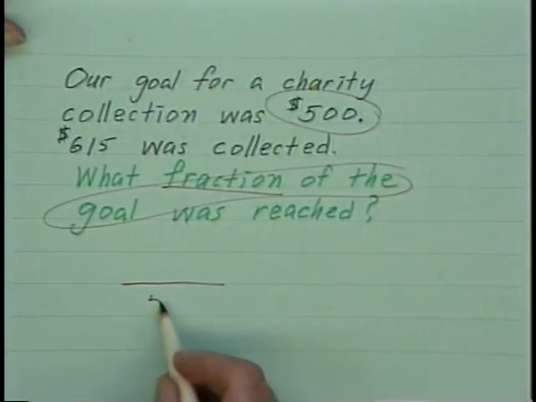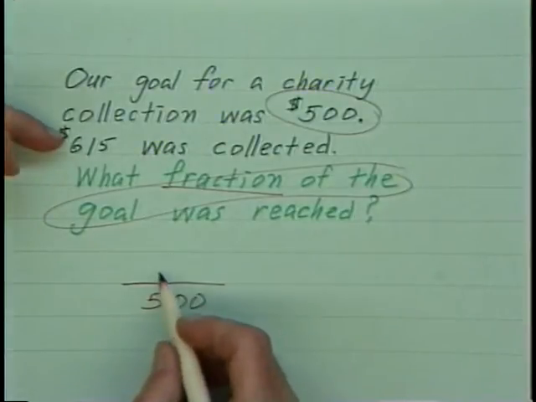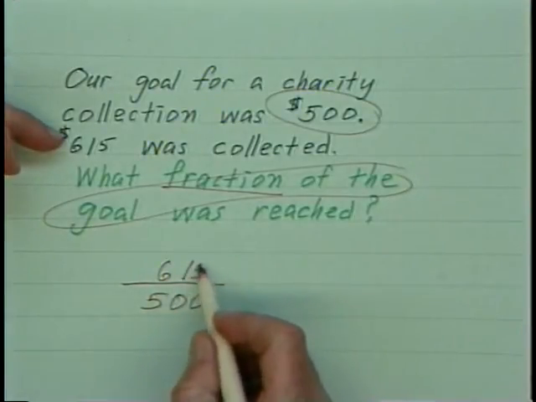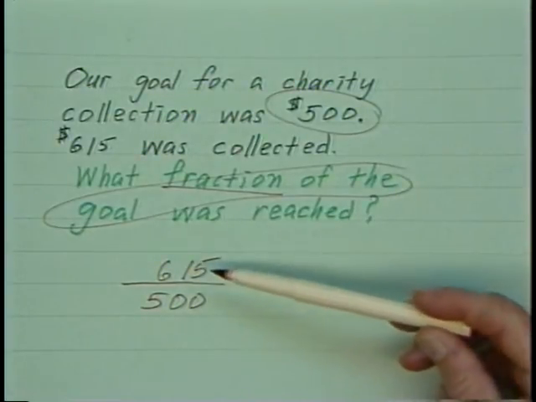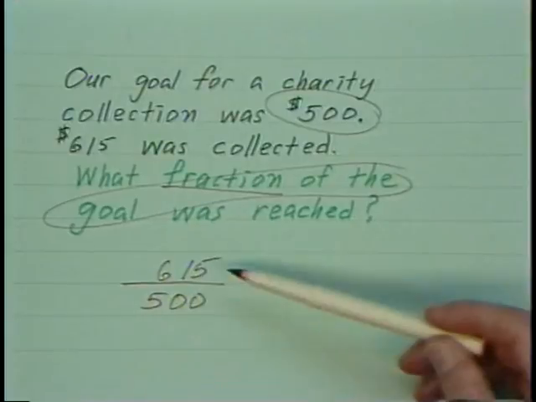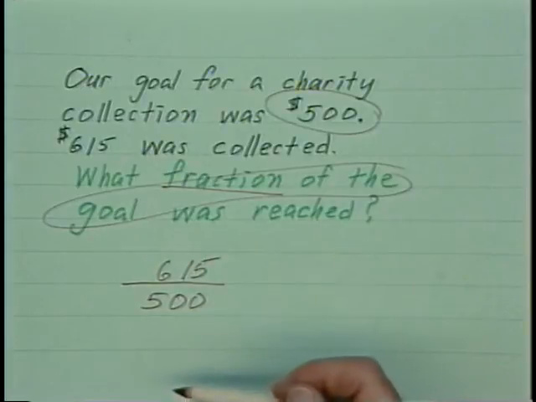That's the whole of what I want. So it goes to the denominator again. But this time we got more than we wanted, but nevertheless it still is the top. So we received 615/500ths of our goal.